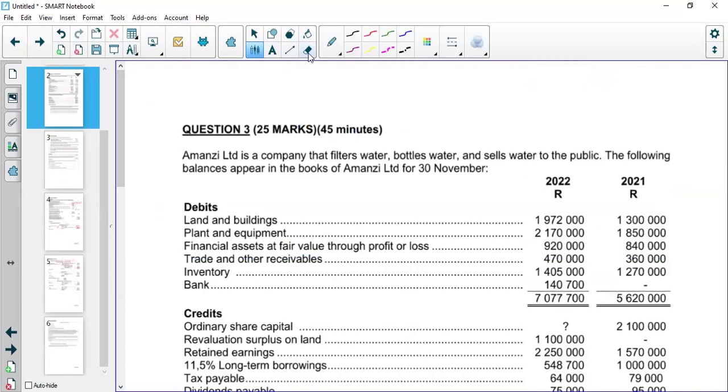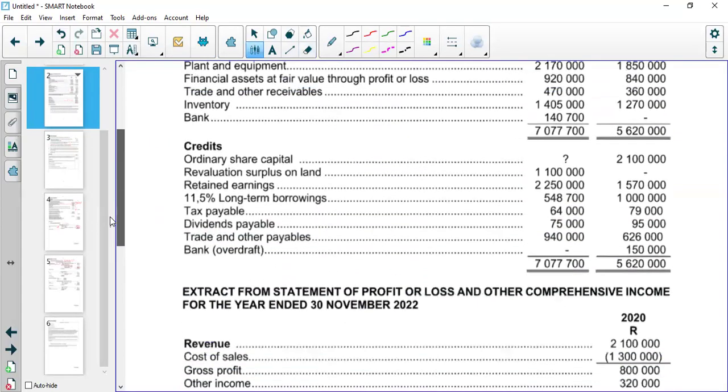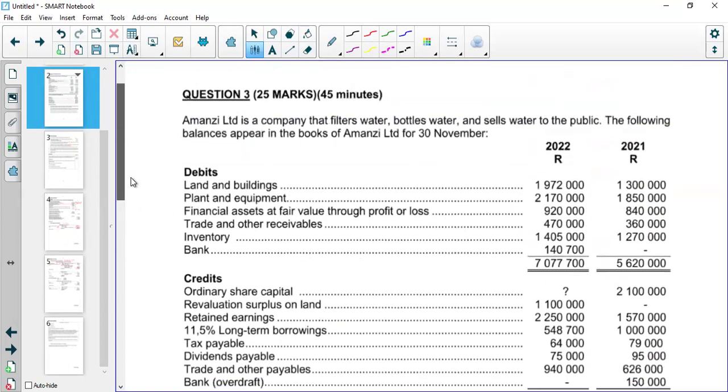So we will also look at how to calculate that using the general ledger. But like I say, I prefer the logical approach. It makes a lot of sense. If things can make sense, then it's going to be difficult for you to be dribbled by the examiners.